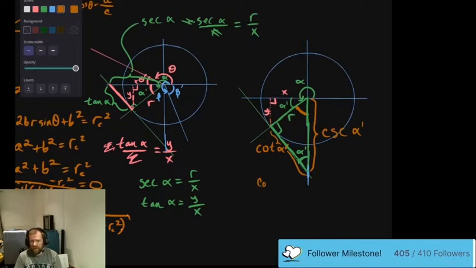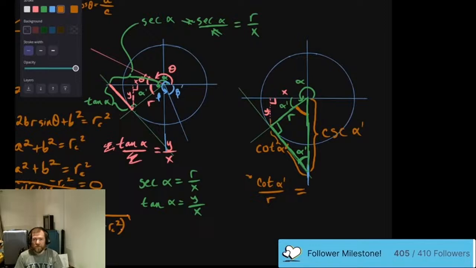Okay, the cotangent of alpha prime compared to r are going to be the two legs of the triangle. This is the adjacent: cotangent of alpha prime is adjacent to alpha prime, and then r is opposite alpha prime.